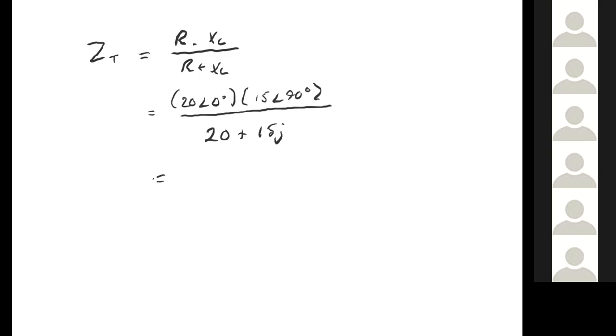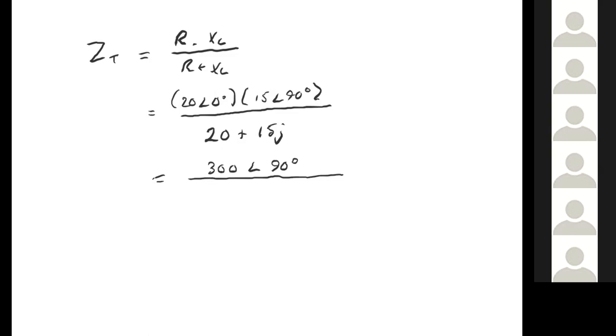And then the top line, we do 20 times 15, 300. Angle 90 degrees. Then underneath, we've got to convert 20 plus 15j to polar form because we want this in polar form to do the division. So that makes it easier.